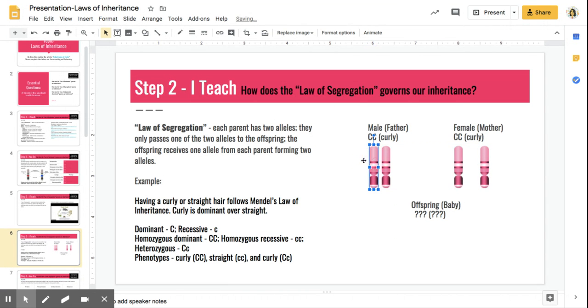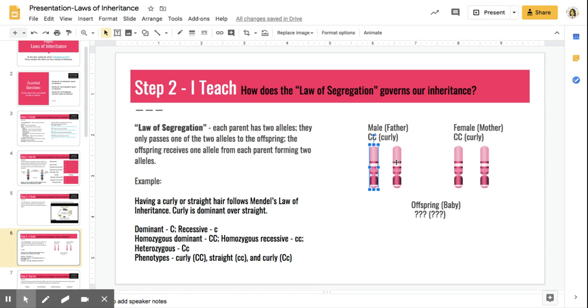And just one of these alleles will go to the offspring. So in this example, whichever of these two alleles goes to the offspring, we have no choice but to receive the dominant allele from the father.